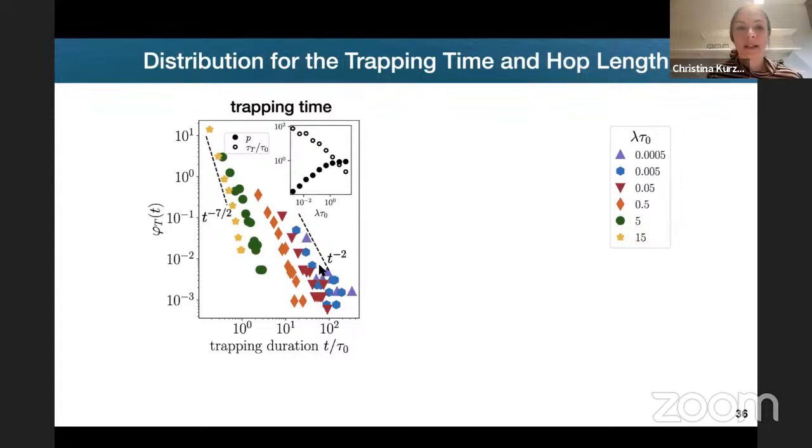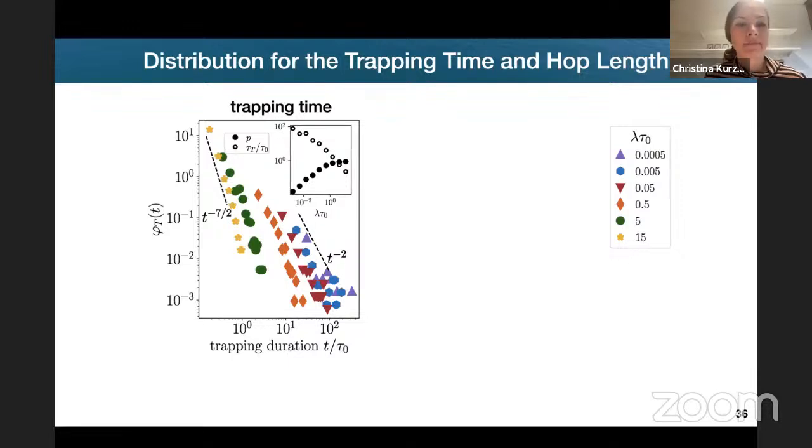One can measure that the average trapping time, the dots here, increases as you move towards really small reversal rates. So the cells are trapped for much longer if they cannot reverse, and this is a change by orders of magnitude.